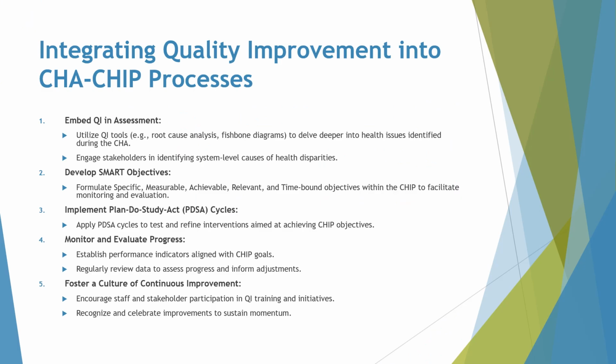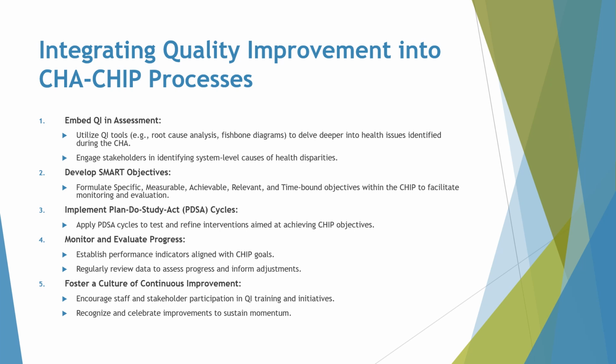So integrating quality improvement into our CHIP processes ensures that our efforts are not only strategic, but also adaptive and responsive to community needs. By embedding QI tools during the assessment phase, we can uncover underlying factors contributing to health issues. Developing SMART objectives within our CHIP allows for clear tracking of progress.